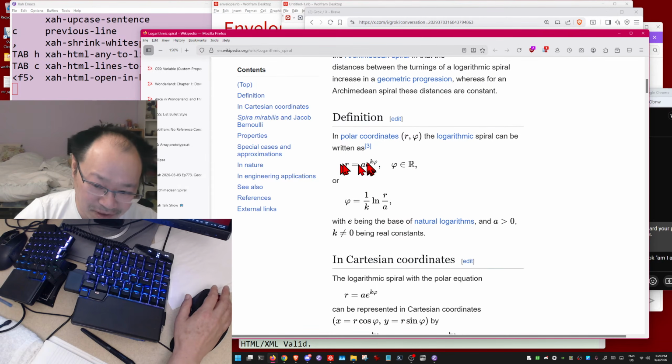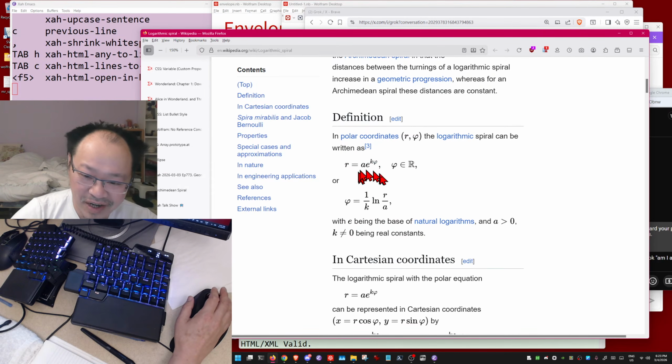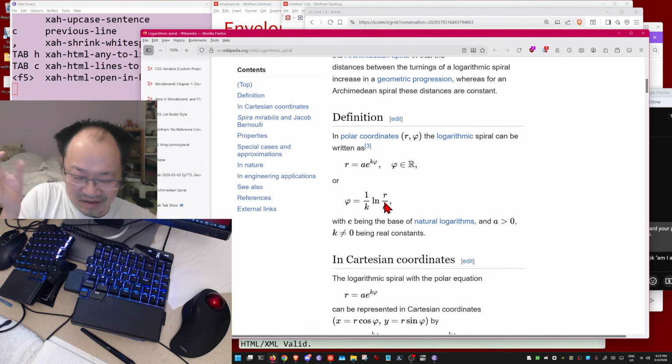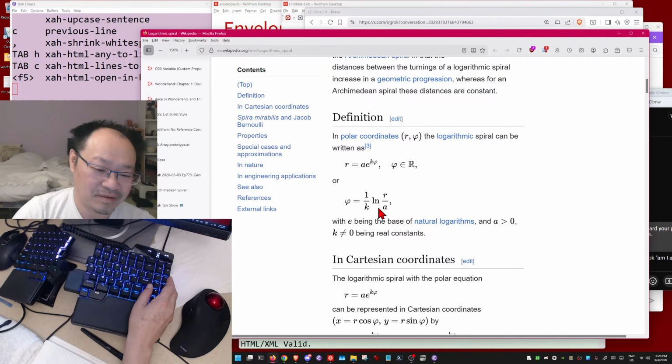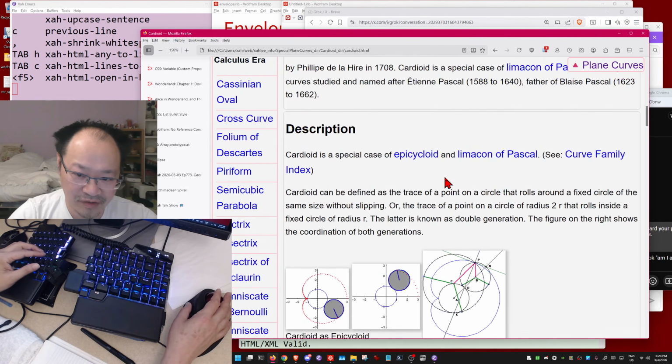You see, that's an exponential formula involving an exponent, and here you rewrite it, so you get the natural logarithm. That's why I didn't include the formula.